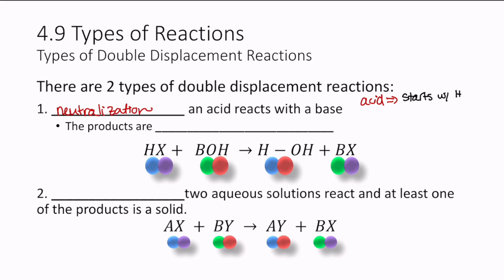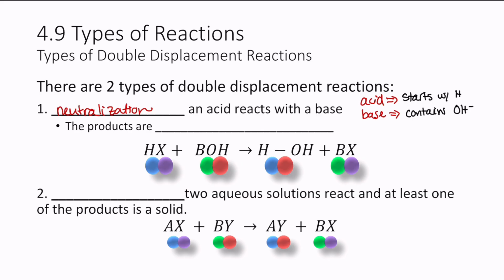There is one exception to that rule, and it is water. Water starts with hydrogen, H2O, but it is not an acid. A base is something that contains hydroxide. So anything that has an acid and a base is going to be a neutralization reaction.